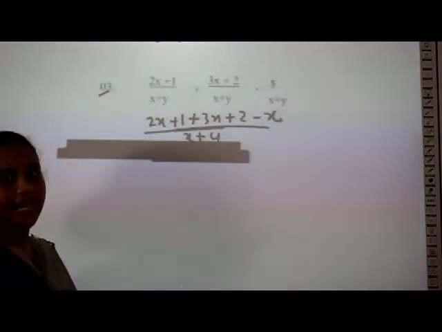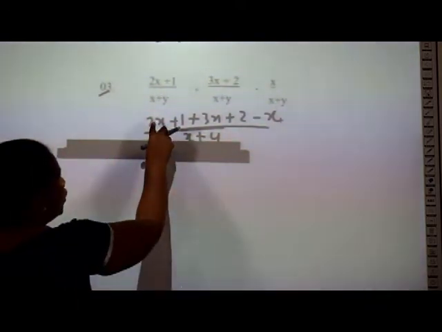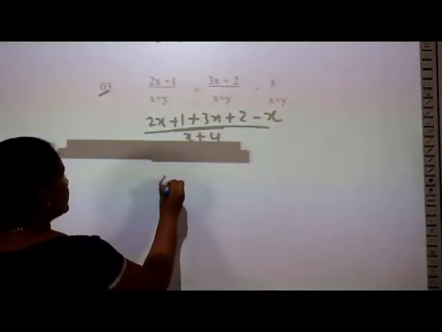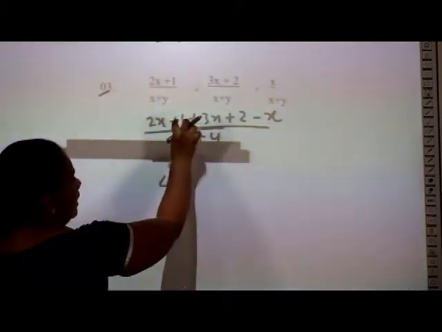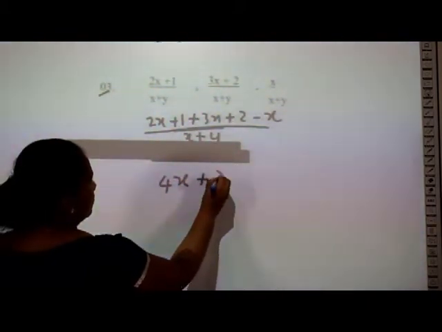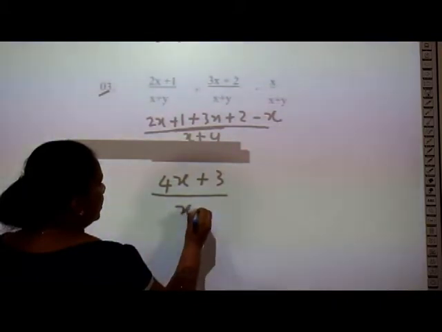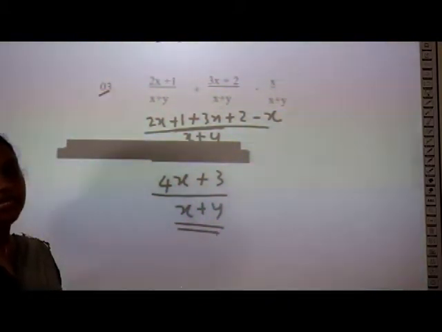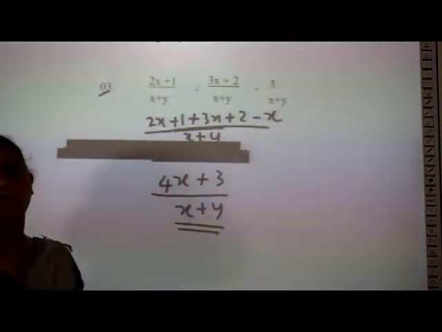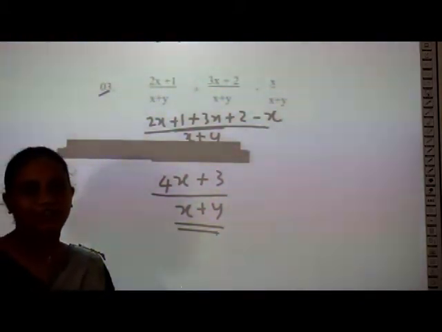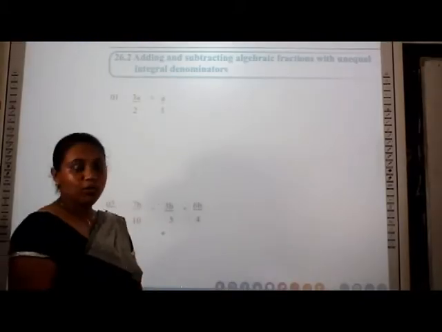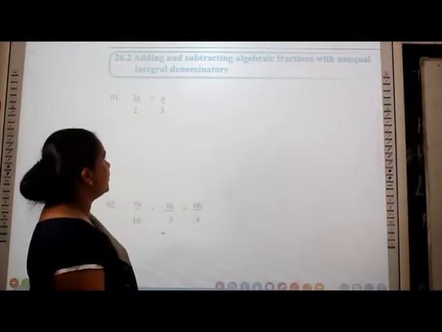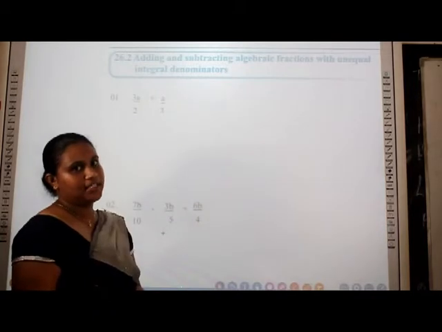Now let's add like terms. 2x plus 3x is 5x, 5x minus x is 4x. Plus 1 plus 2 is 3. Then the denominator is x plus 1. Just easy. You have to follow the same method. Simplified algebraic expressions.